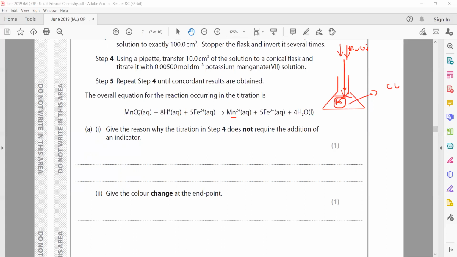So the color change will be from colorless to pink. In the beginning, while they are reacting, a colorless substance is formed. Once there is no reaction, the manganate ion, which is purple in high concentration and pink in low concentration, stays, and that's why the color changes from colorless to pink.